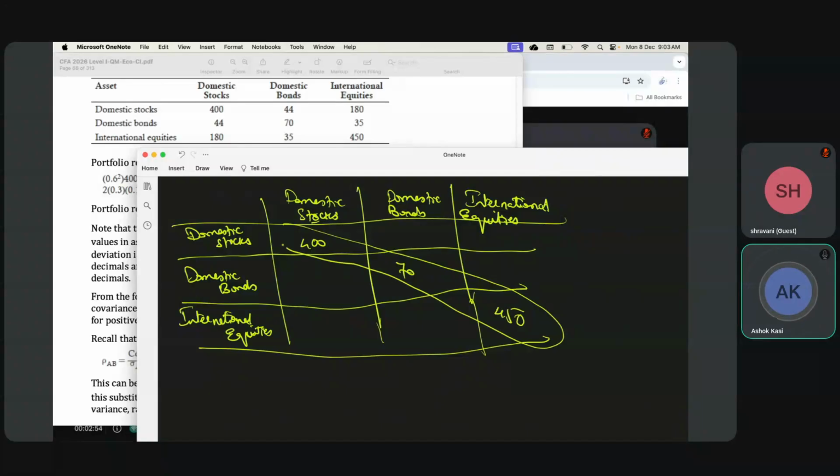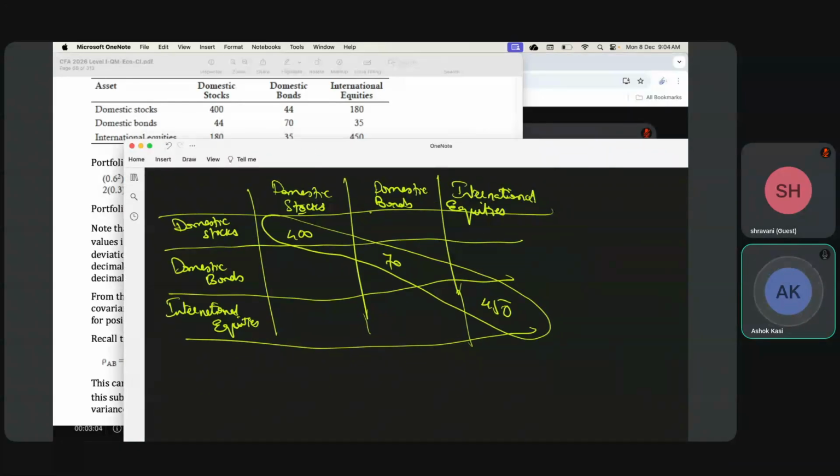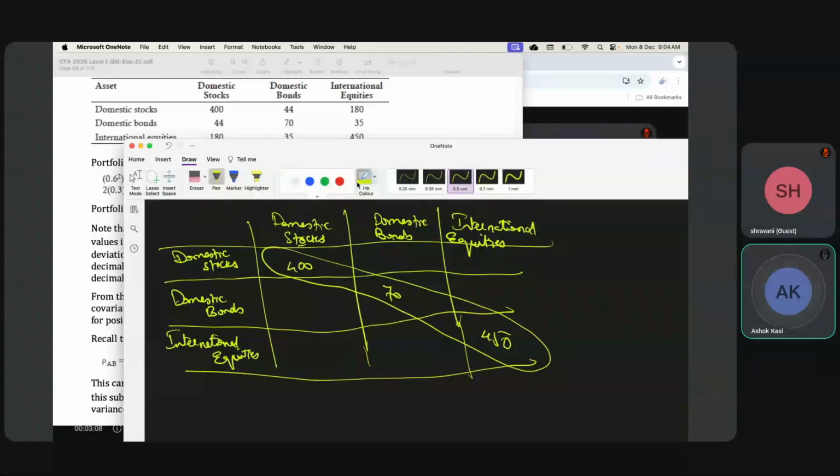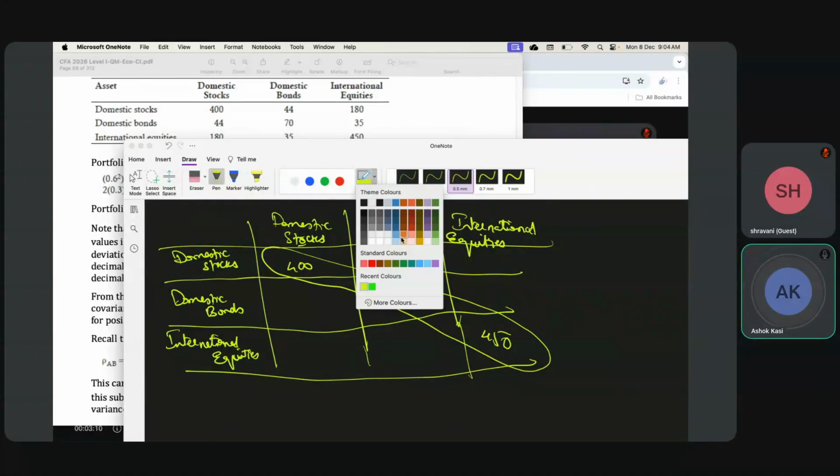These are called what? Covariance with the same one. That means domestic stock to domestic stock. This is called variance. Covariance with itself will become variance. The rest are proper covariances. So for the rest, I'll use another color.